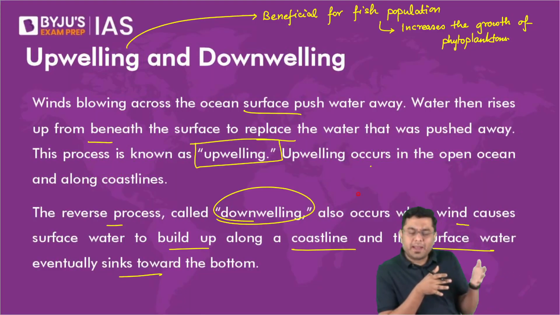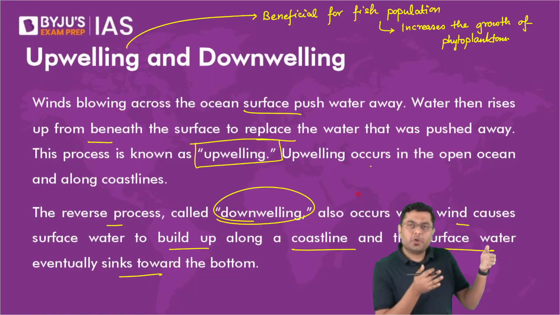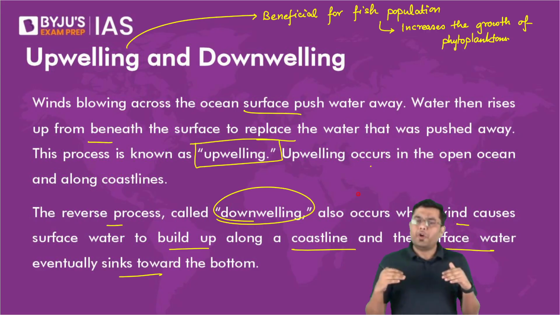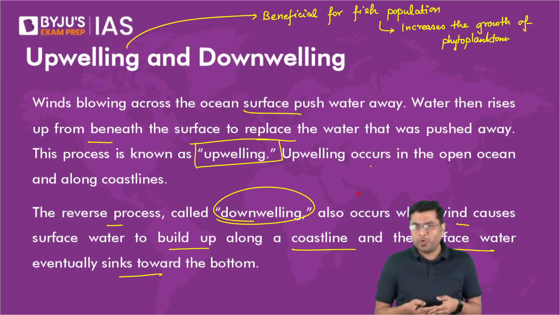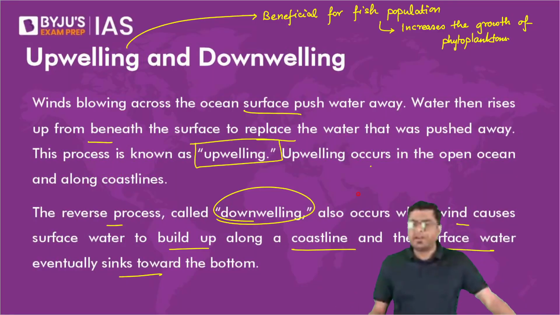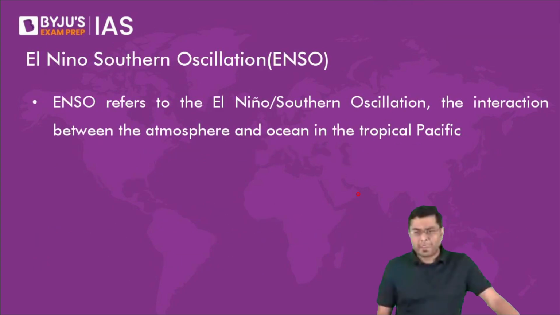And downwelling is when water is pushed across a particular coastline, and the water eventually is pushed into the lower portion, and that is the downward movement. Downwelling doesn't have a significant amount of benefits. It is the upwelling which will have benefits for the fishing areas.